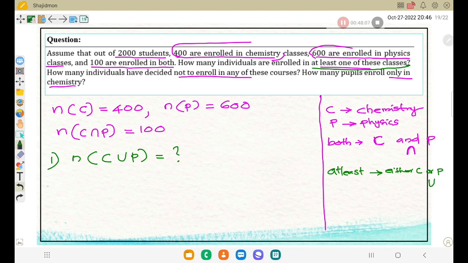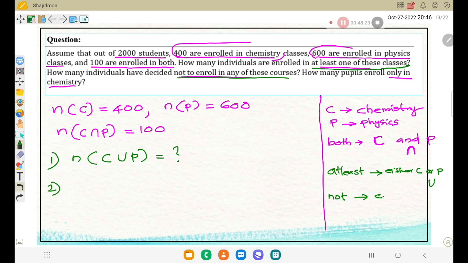Now what is the second question? How many individuals decided not to enroll in these two courses, not to enroll in any of these courses? That means they are not enrolled in physics and they are not enrolled in chemistry. "Not" means complement.